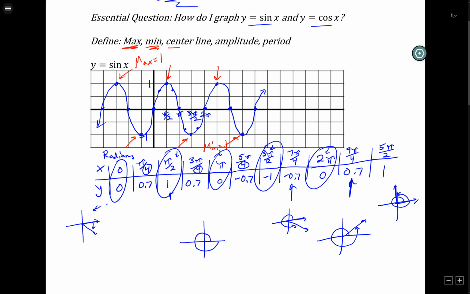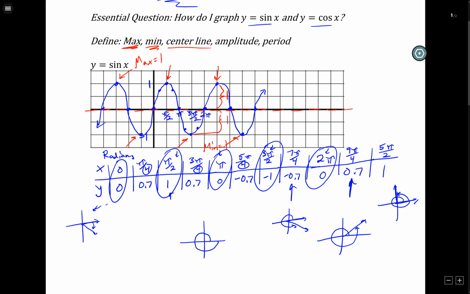Okay, now if you notice, this is kind of symmetrical-ish around this center line. Do you see how the graph keeps passing through 0? It's always passing through 0. So we have this center line going through the middle of the graph. Notice it's exactly the same distance up to the top as it is down to the bottom. It's 1 each time.